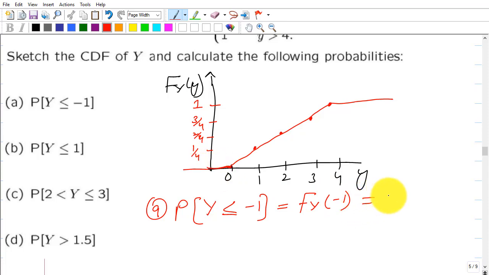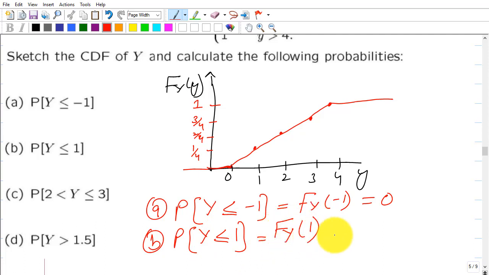So this is equal to 0. Part B says the probability Y is less than or equal to 1. We can simply find it by F_Y of 1, which is defined here. We can see that at y equal to 1, it is simply 1 by 4.